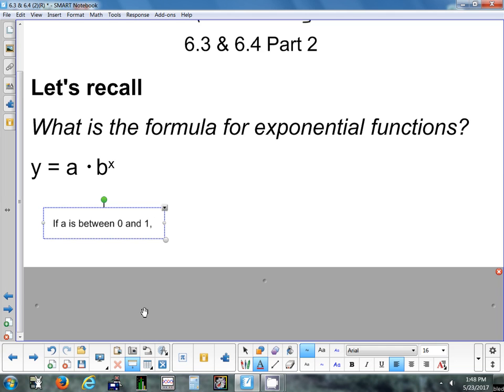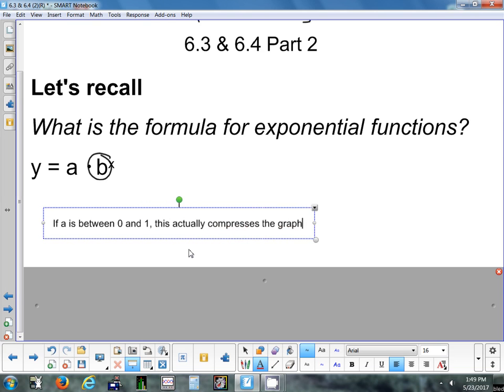Yesterday we had a couple of criteria when we looked at b. We saw functions where b was what, and between what range of numbers? We looked at functions that had b greater than 1, like the one we just graphed in the warm-up, y equals 3 to the x.